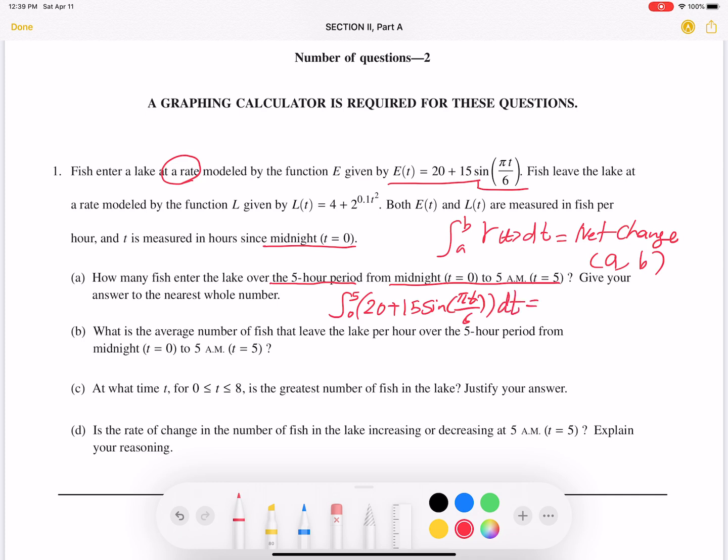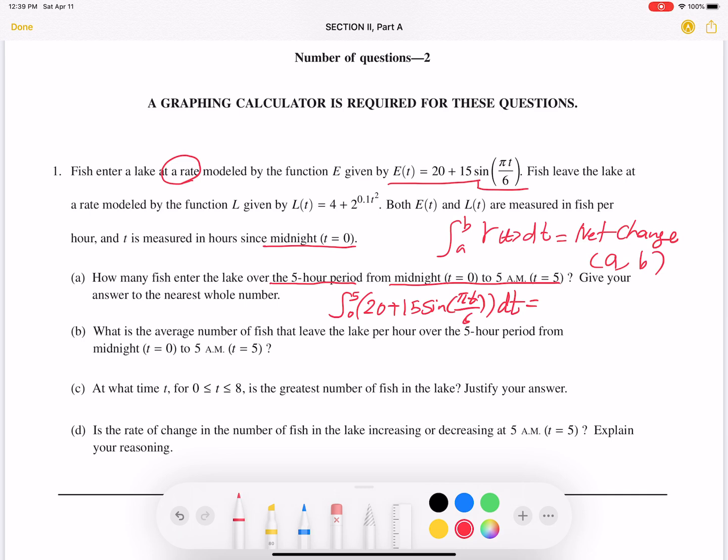You have to understand the concept: the integral from a to b of the rate of anything dt represents the net change of that function. So to find the number of fish that entered the lake, we use the integral from 0 to 5 of E of t. You can use a calculator, you don't have to find the integral by hand.